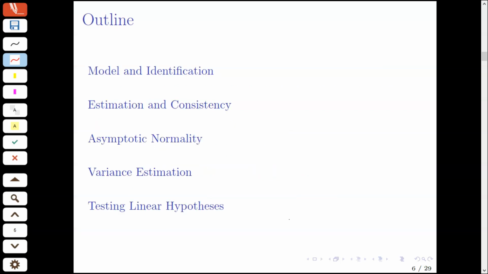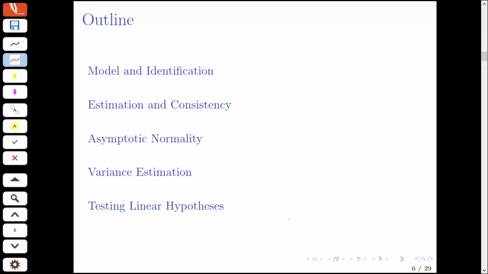The outline for today's lecture goes as follows. We'll introduce or revisit the linear model for a cross-section, as well as talk about how we obtain identification of the parameters of the model. Then we'll talk about the OLS estimator and under what assumptions it can be shown to be consistent, and we'll actually go through the argument.